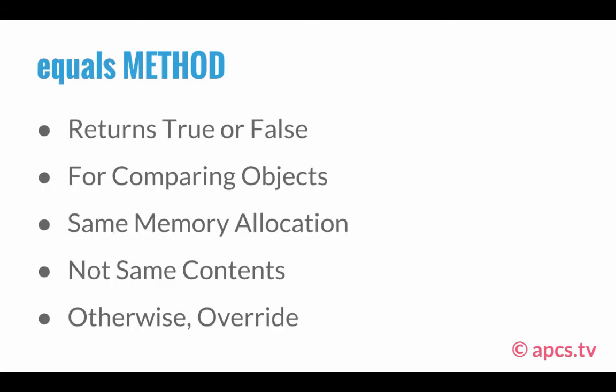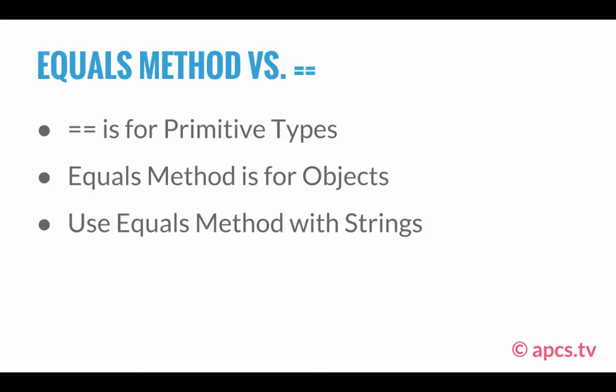If we compared Algebra 2 and Geometry using the equals method, we would get false, because the equals method does not check for the same contents. It checks for the same memory allocation. If you want to check for the same contents, you'll have to override this method. That's something we're not going to be doing right now because it gets a little bit complicated.